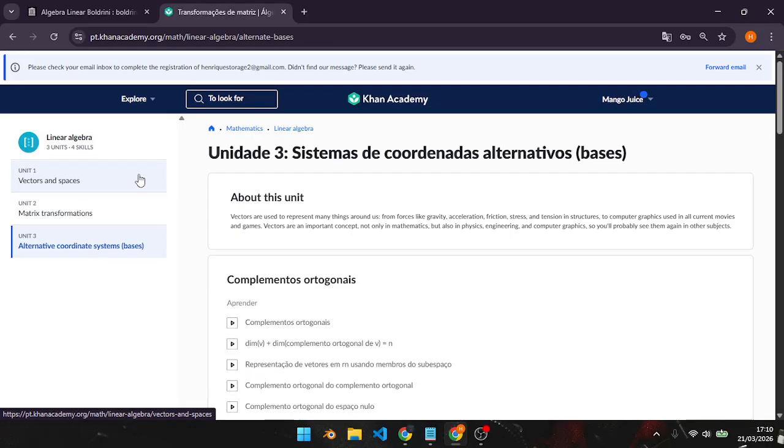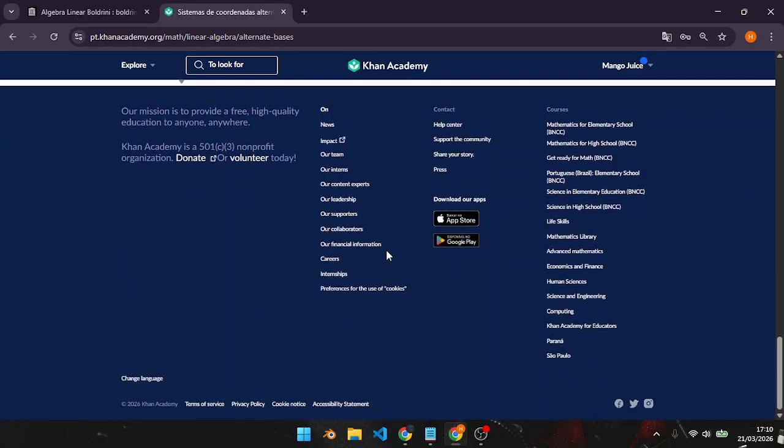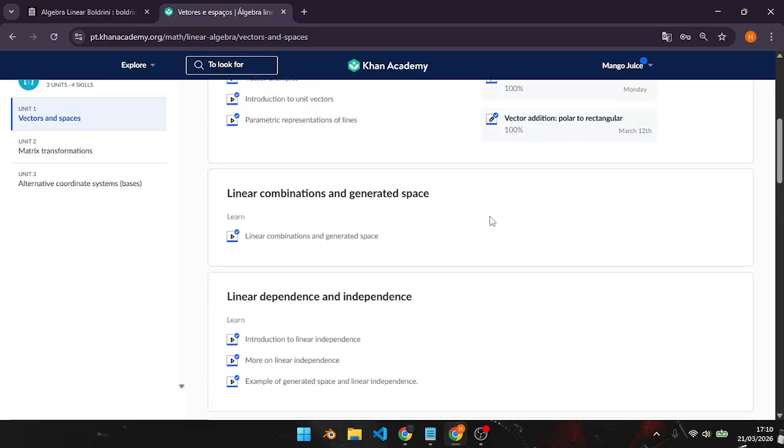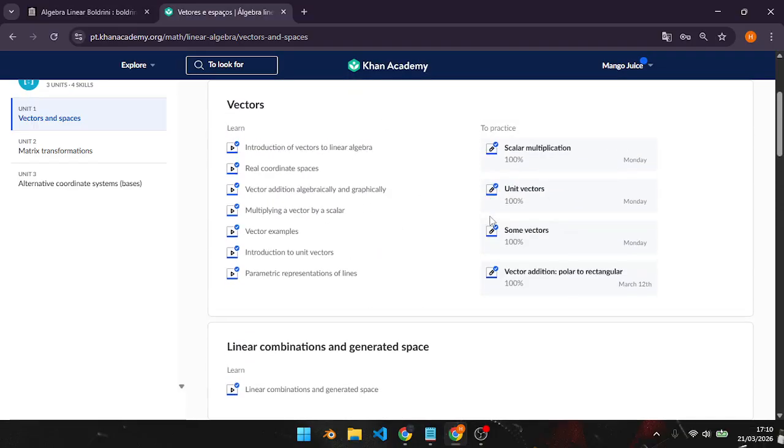Nowhere. They simply don't have exercises, and for that reason it gets really hard to retain what you learned. So I'm probably not going to be using Khan Academy as much, at least for linear algebra. Luckily, for Calculus 1 they seem to have exercises all the way to the end.